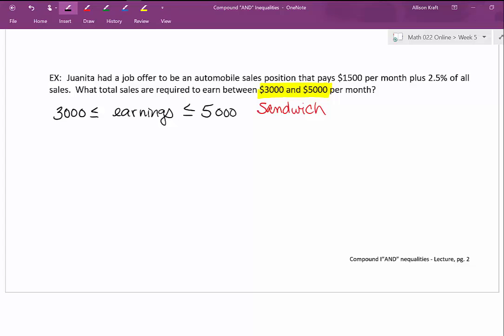The sales is unknown, so that will be our variable. We get the inequality 3,000 is less than or equal to the flat $1,500 per month plus 2.5% times the sales.